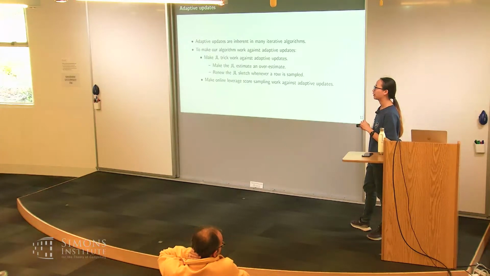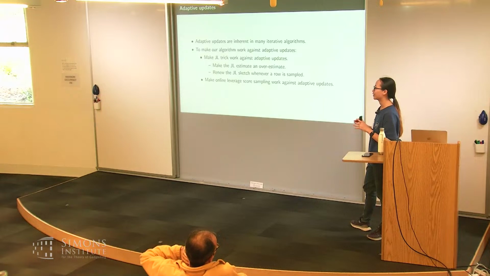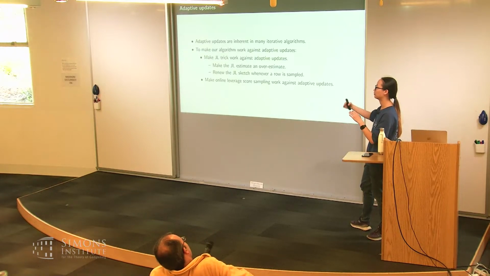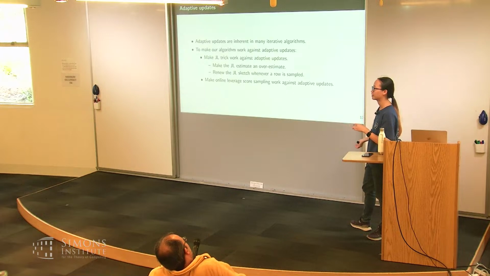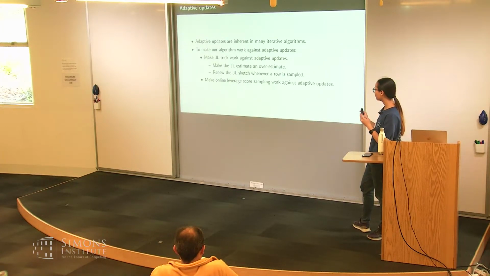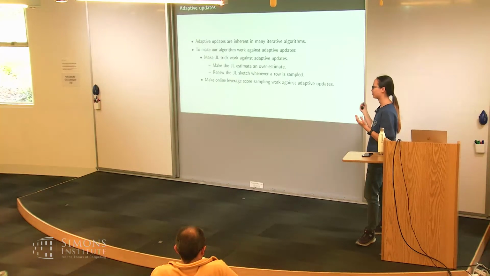Oh, I think it's fine because the JL sketch can work for unfixed vectors, and you can think of all the vectors that you have for all the iterations as fixed. But it would be a problem, but since we renew this JL sketch anyway, it's fine. This part doesn't really lose anything.